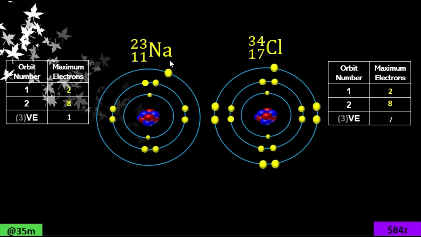Once sodium and chlorine, metal and non-metal, combine, the electron on the last shell of sodium will transfer to chlorine because of the electrostatic force produced by these elements. That's why sodium will lose 1 electron and chlorine will gain 1 electron. And that's how ions are produced from a neutral state.